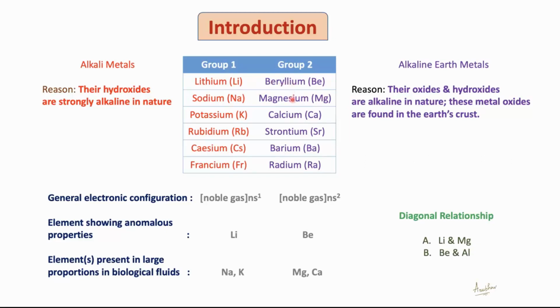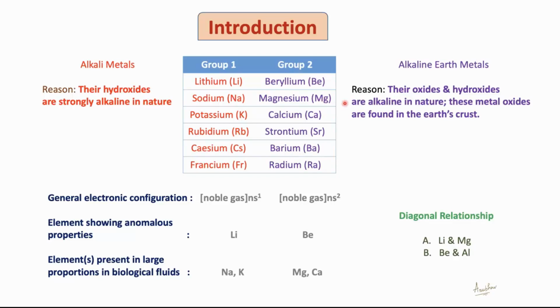The same goes for electronegativity also. From lithium to beryllium the electronegativity increases, because in a period from left to right electronegativity increases. In a group, going from top to bottom, electronegativity decreases. So from lithium to beryllium electronegativity increases, and from beryllium to magnesium it decreases. This decrease and increase counteract one another.